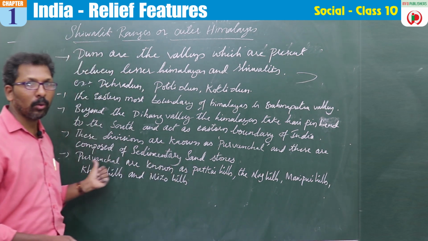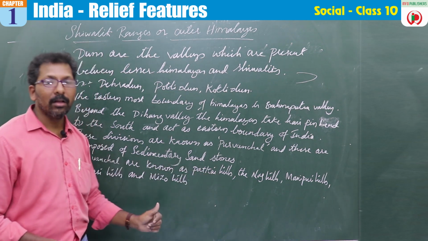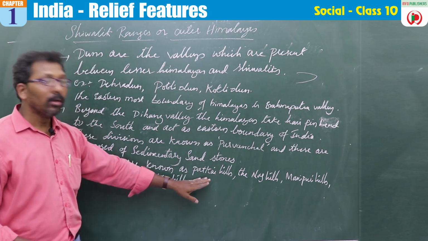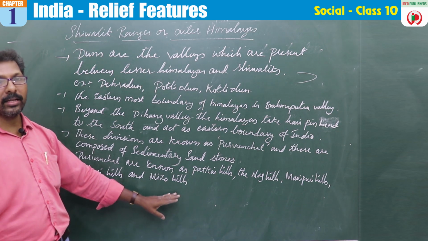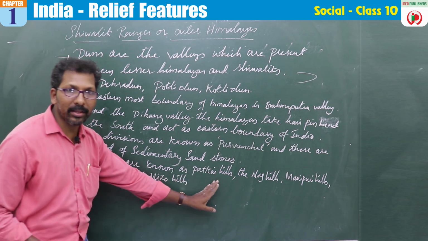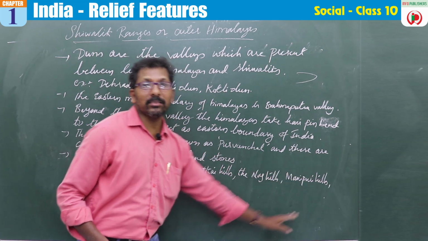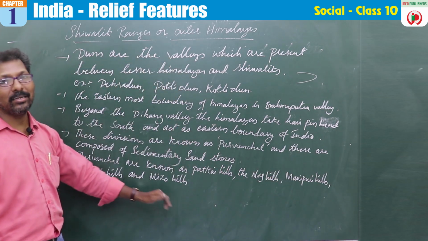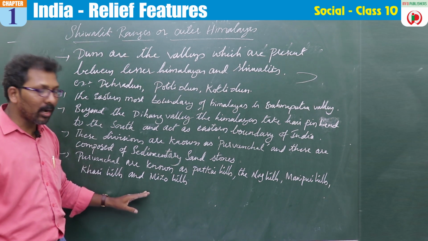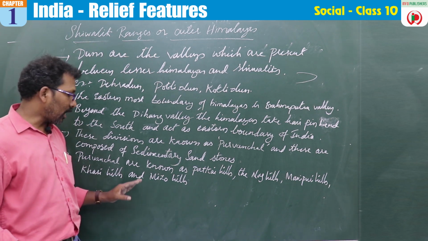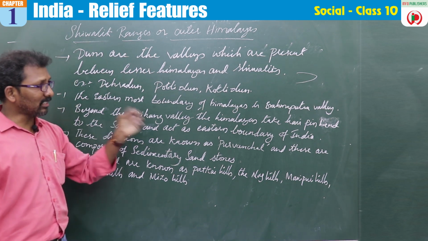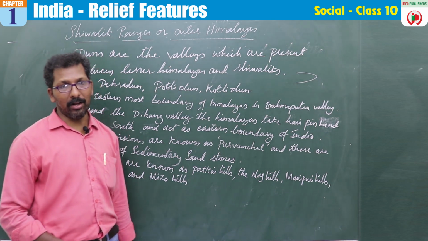There are many hills: Patkai Hills, Naga Hills, Manipuri Hills, Khasi Hills, and Mizo Hills. So these are the different hills which are formed by the eastern boundary of the Himalayas.